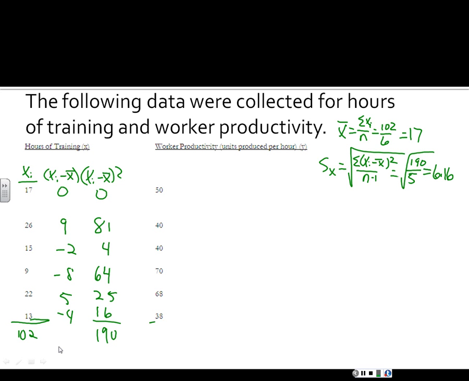Then when I add it up for the y's, I got 306. So y bar is equal to the sum of the y's divided by n. 306 divided by 6, that's 51.